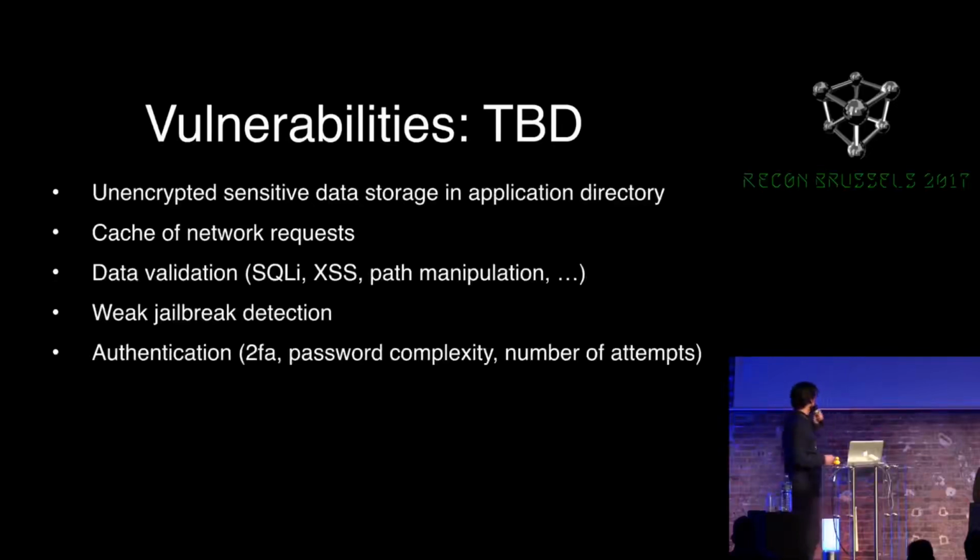I think the most important class of vulnerabilities here is authentication vulnerabilities: no two-factor authentication, weak password complexity requirements, and weak control of the number of unsuccessful authorization attempts. These vulnerabilities are hard to detect, and usually they should be detected on the server side.